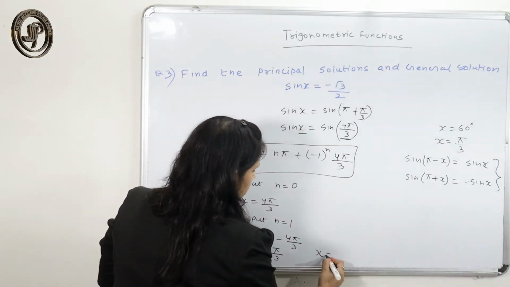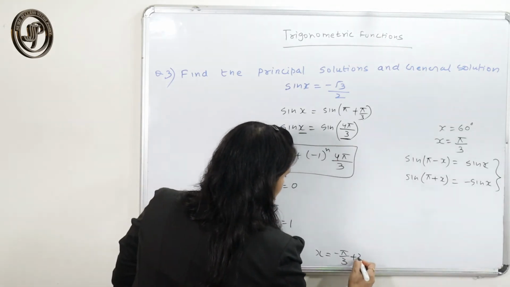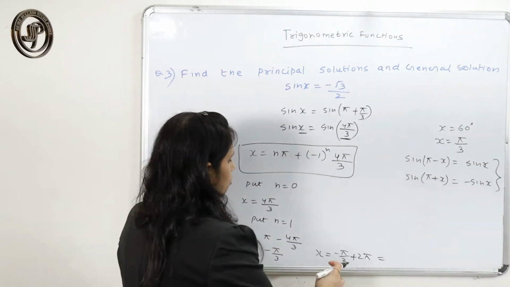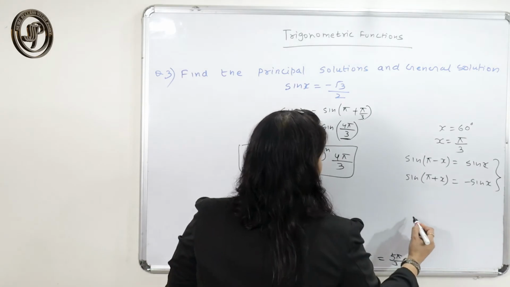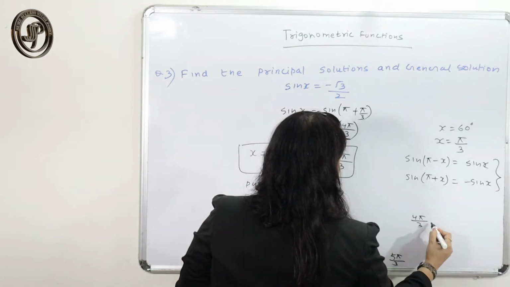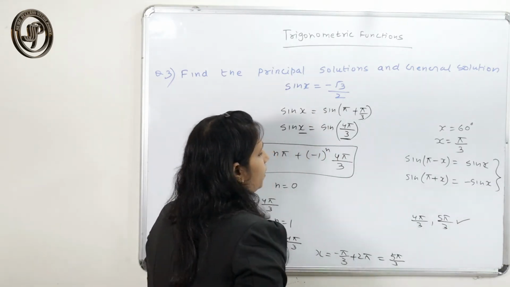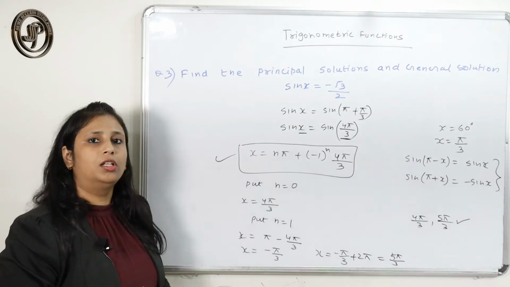So whenever it is coming negative, you can add 2 pi to this. If you add 2 pi, this becomes 5 pi by 3. So my principal solutions will be 4 pi by 3, 5 pi by 3, and this is my general solution.